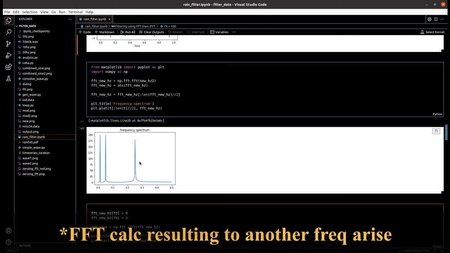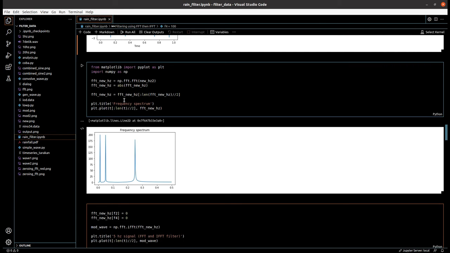Around 100, there are some frequencies that are above 0 too. I think this is the residual computation from the FFT, something like the error value of the FFT operation.